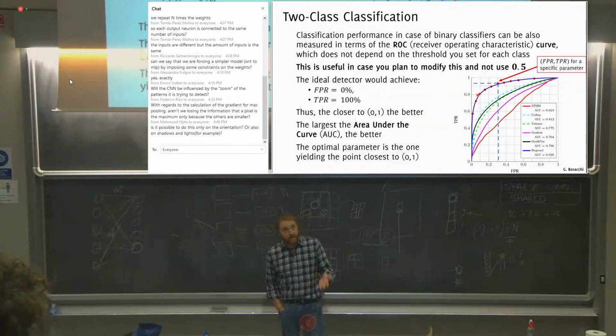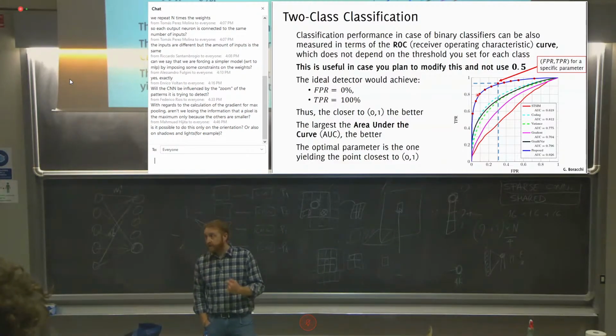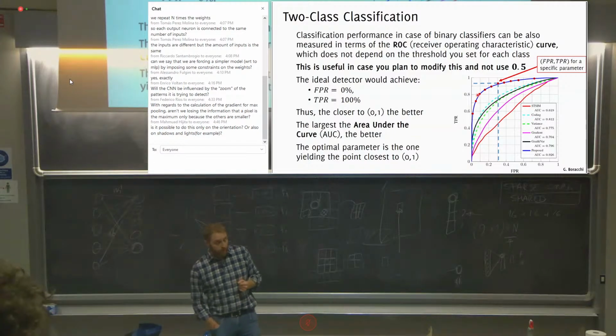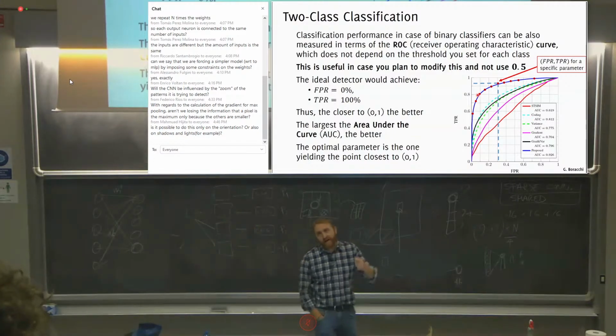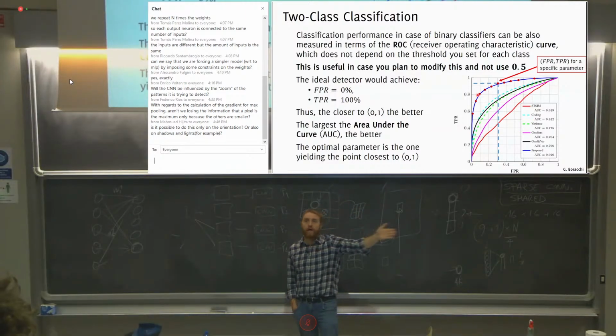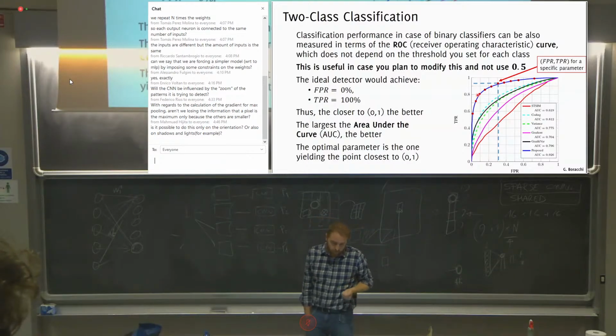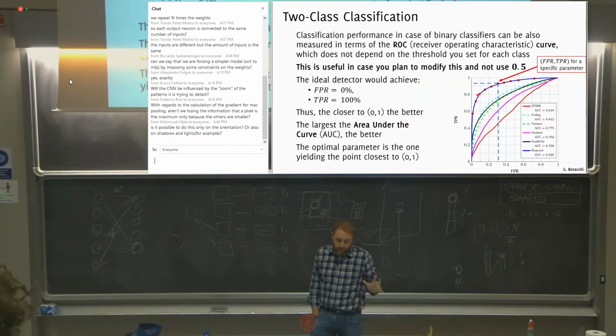Okay? The area under this curve is a good indicator of how powerful your model is, disregarding the threshold. This can be computed without actually drawing the curve, but the meaning is this one. It's enough to rank the predictions according to the posterior, and you can get the area.